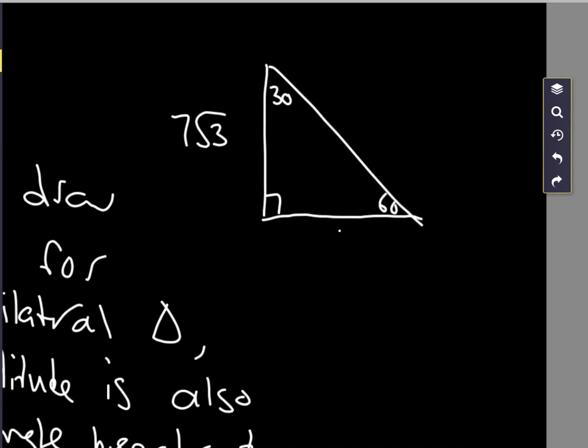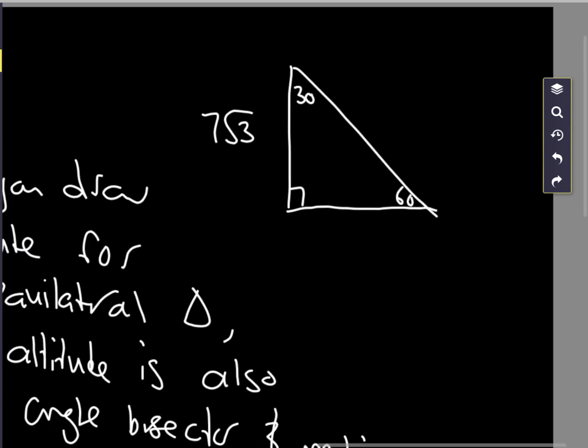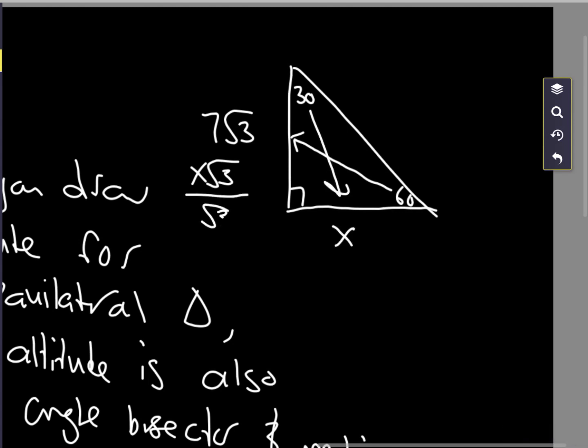Well, we know that this side is opposite 60, which means this side is our x radical 3 value. So to get to the x value, right, we just have to divide everything by radical 3. And that's what we're going to do. 7 radical 3 divided by radical 3, x is equal to 7.